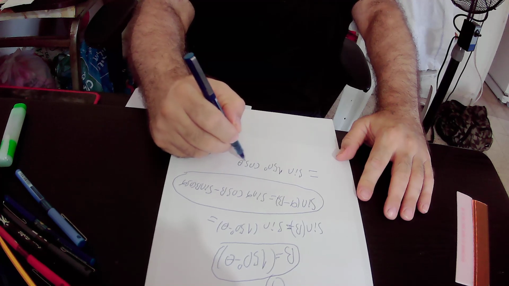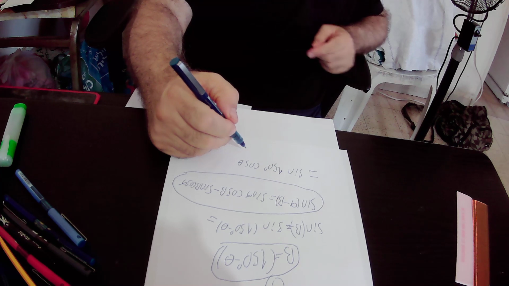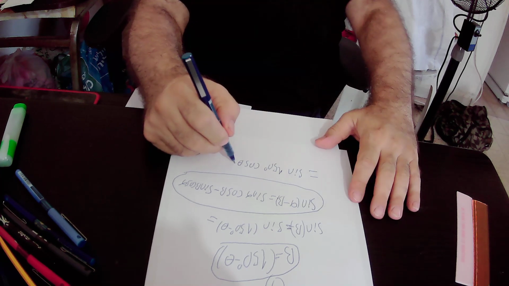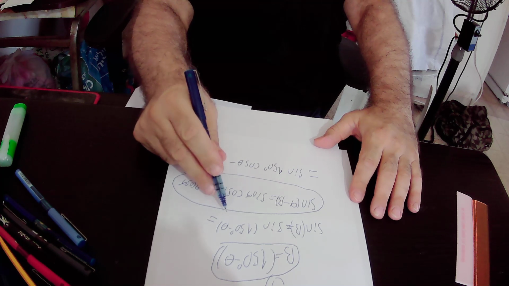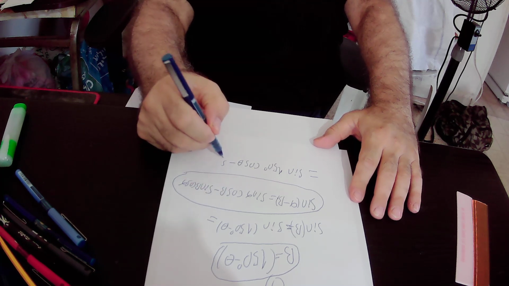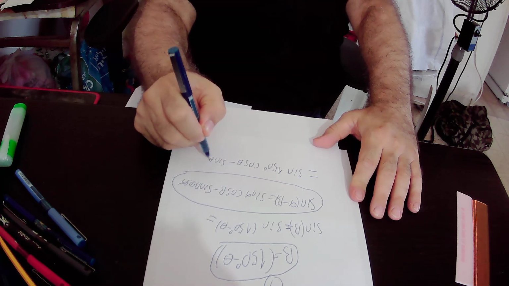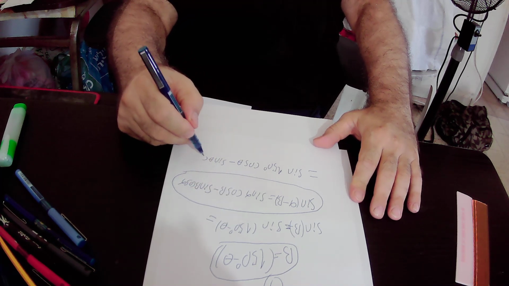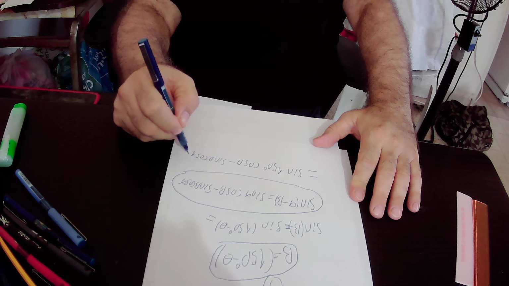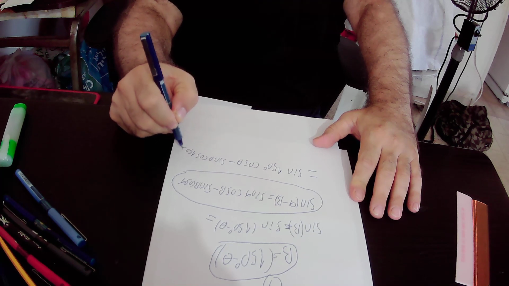You should remember that we know the value of cosine theta. Minus sine theta times cosine of 150 degrees.